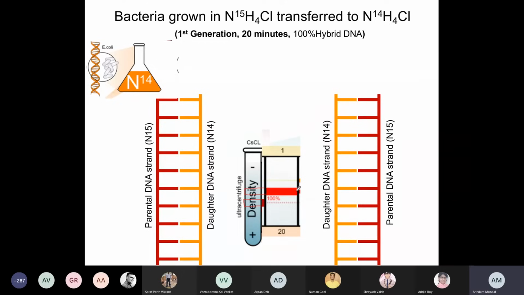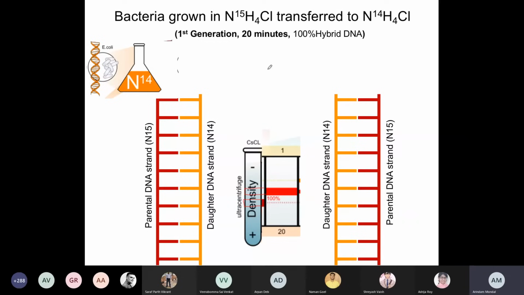But when you try to fractionate proteins, you have to use other salt like sucrose. So depending upon the range of the molecular weight, you can use different salts. And it has been shown that cesium chloride works best for nucleic acid separation. Yes. So this is what we have seen at the end of the first generation.